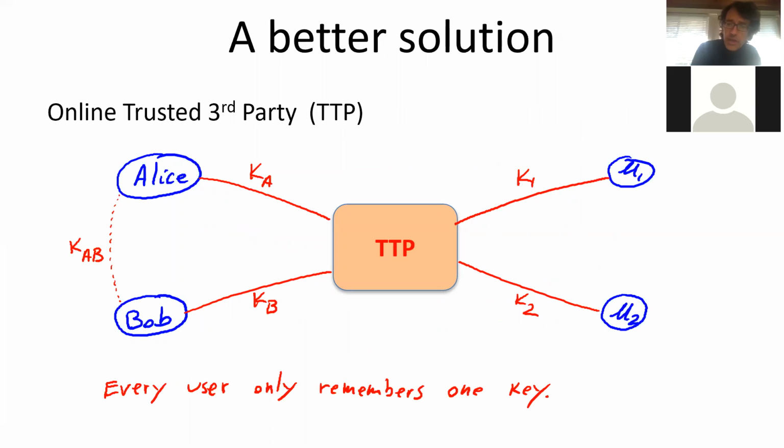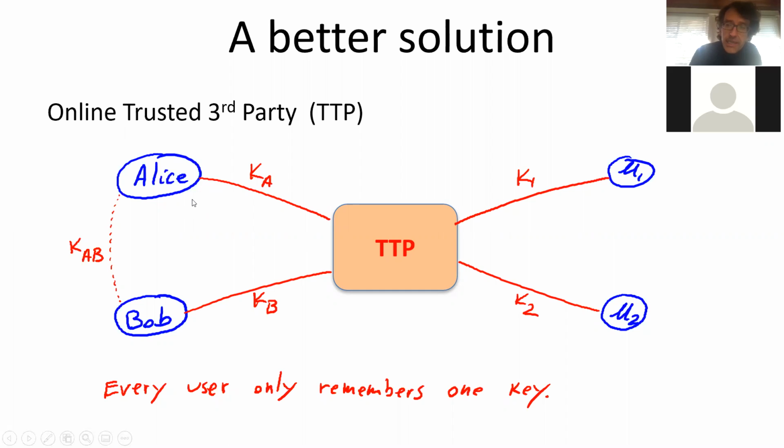So everyone authenticates to a trusted third party, a term in cryptography and security, TTP. Everyone has just a single shared key, namely with this TTP.